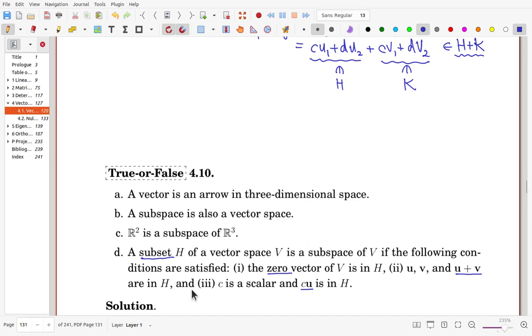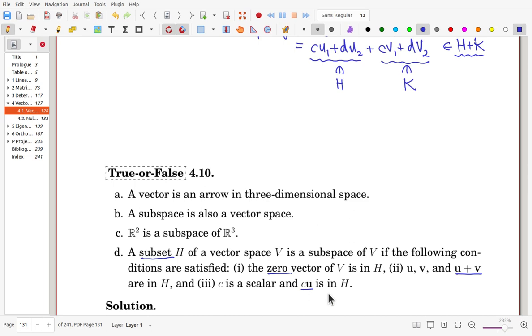Also in the third, C is a scalar and CU is in H. Here C is a specific one, and U is also a specific one, such that CU is in H. It's not enough.